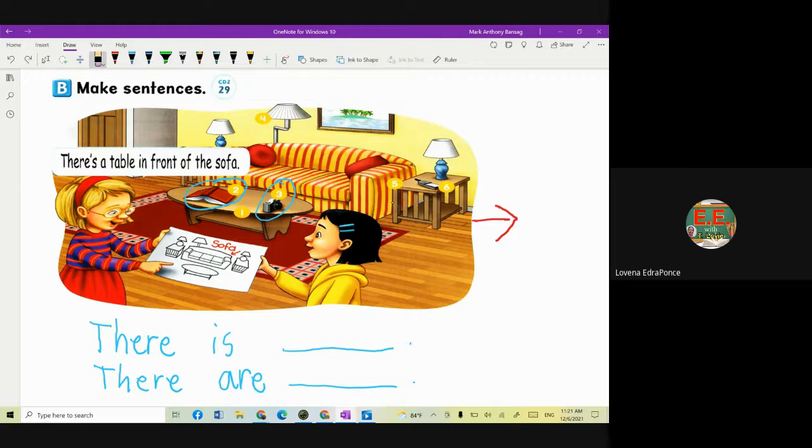Number 6. There's a phone in front of the lamp. Okay, there is a phone in front of the lamp. In front. There is a cell phone in front of the lamp. All right.